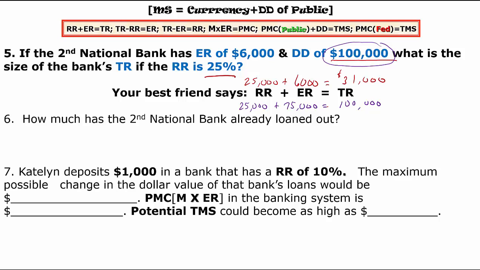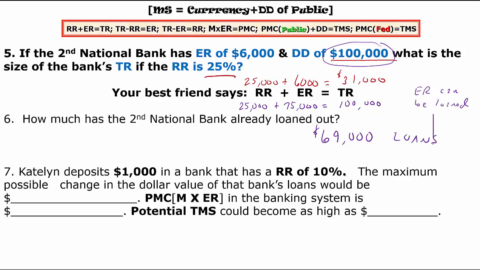Remember, excess reserves can be loaned. So if excess reserves went from 75,000 to 6,000, or if total reserves went from 100,000 to 31,000, the difference between those is what has already been loaned out. So $69,000 in loans have already been made.